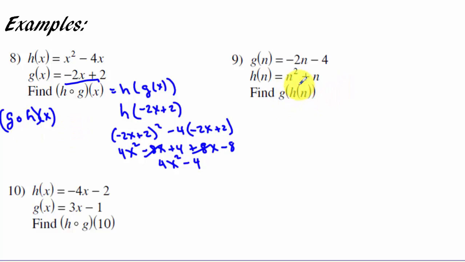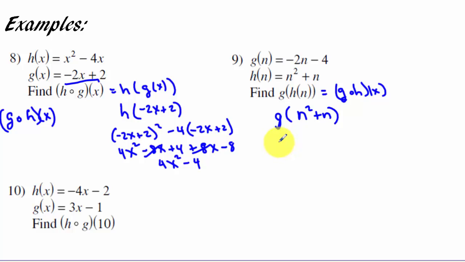Let's try another one. So in this one, we have this original notation. Now remember, this also means g of h of x. So we're going to replace h of n with its value.